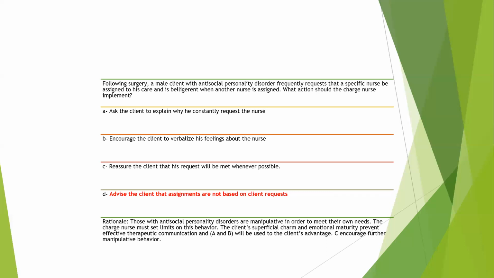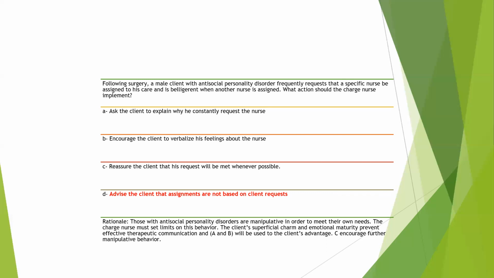So those with antisocial personality disorders are manipulative in order to meet their own needs. The charge nurse must set limits on this behavior. The client's superficial charm and emotional immaturity prevent effective therapeutic communication. Thus, A and B will be used to the client's advantage.